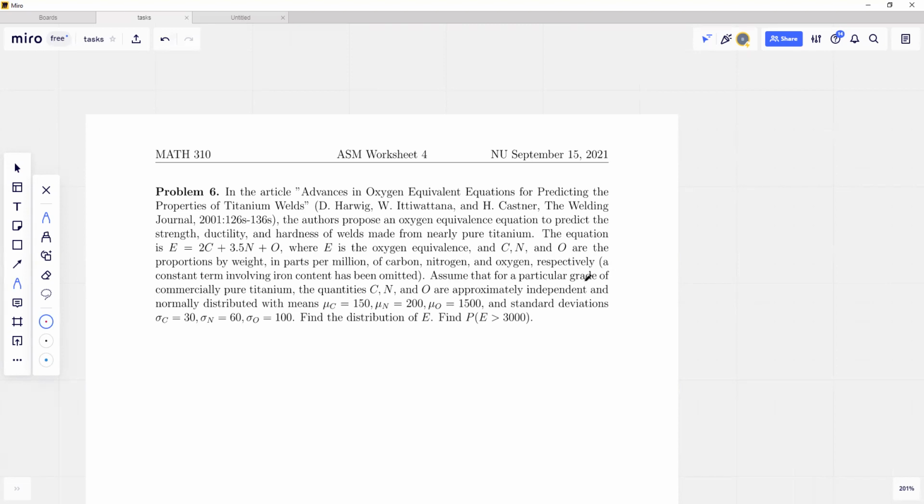Assume that for a particular grade of commercially pure titanium, the quantities C, N, and O are approximately independent and normally distributed.